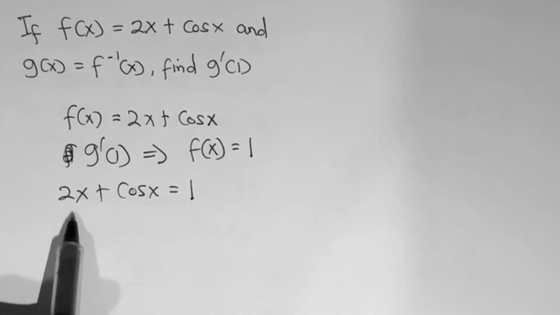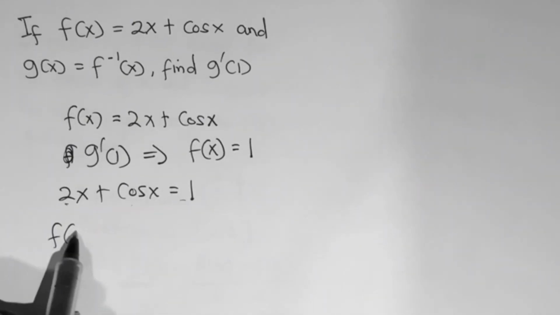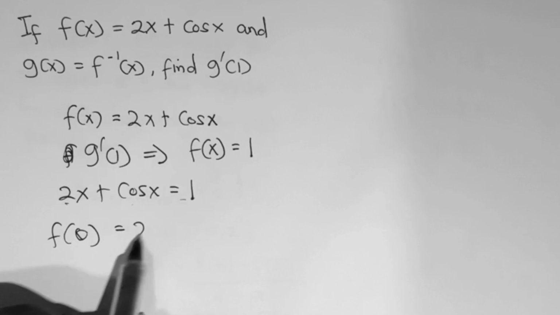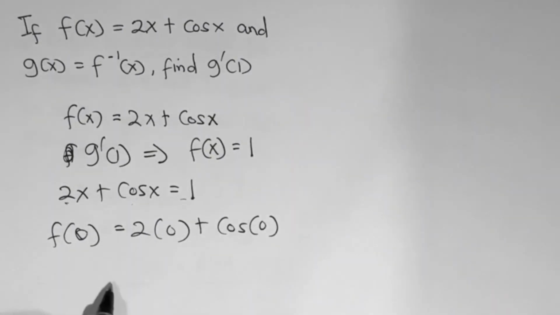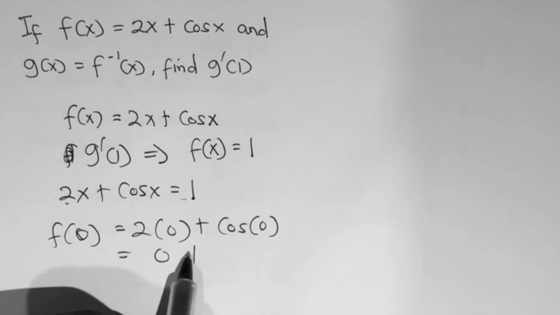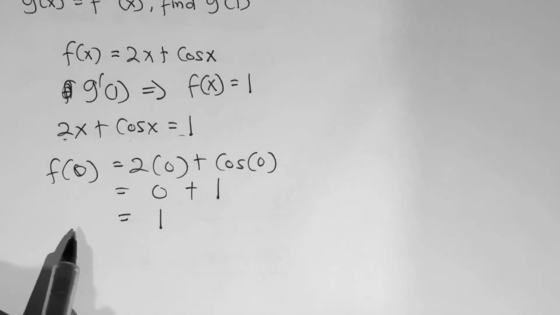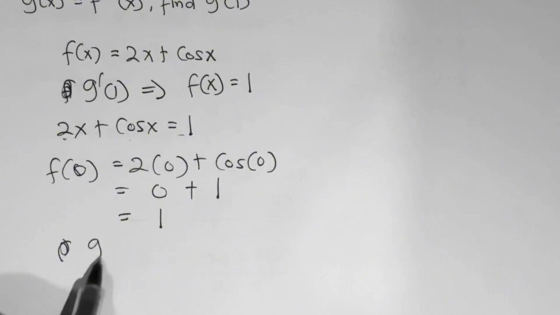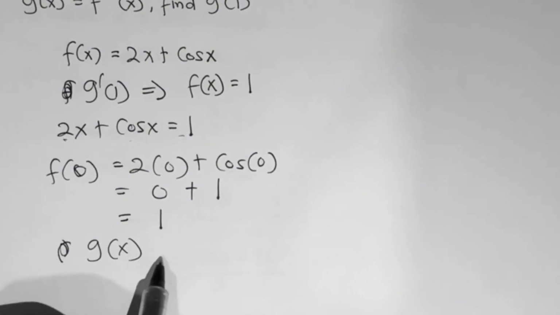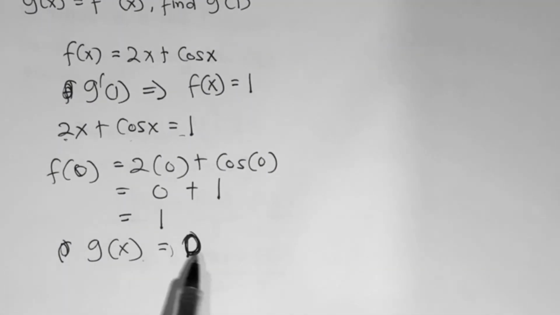So what value of x, when we put in this function, we'll get 1? So let's try f of 0. So this becomes 2 times 0 plus cos 0. Now 2 times 0 is 0 and plus cos 0 is 1, and this is equal to 1. So this means that g of 1 is equal to 0. Because it is 0, that will give us f of x equals 1.